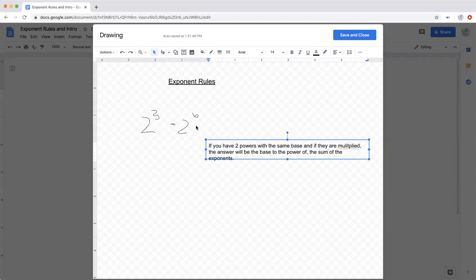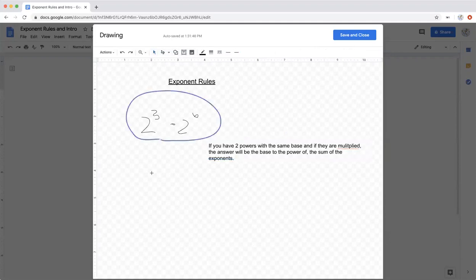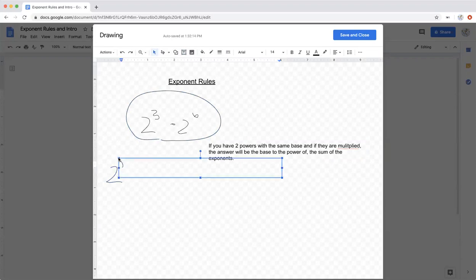So let me show an example. Right here, 2 to the power of 3 times 2 to the power of 6. Remember, this only works for multiplication. It does not work for addition, subtraction. I'll show you how this works for division as well. So 2 to the power of 3 times 2 to the power of 6, they have the same base. So you would just do 2 to the power of 3 plus 6.